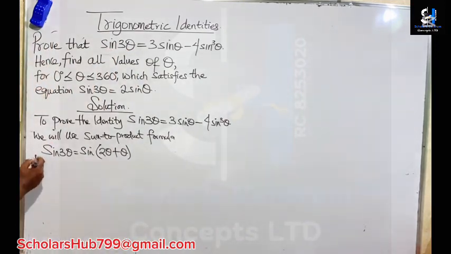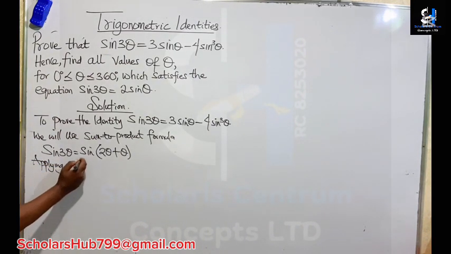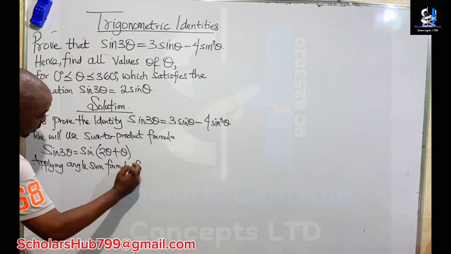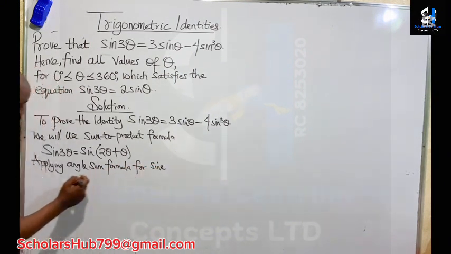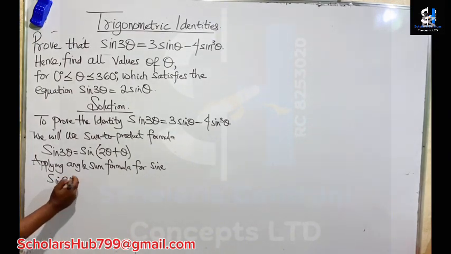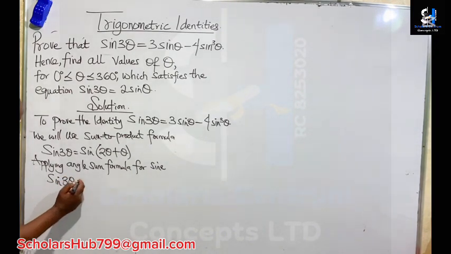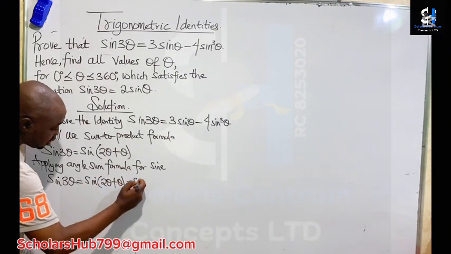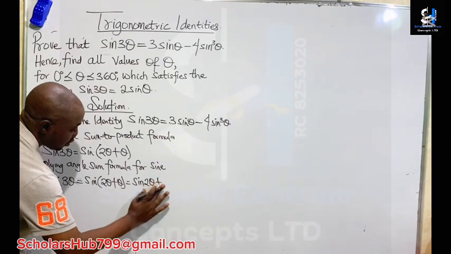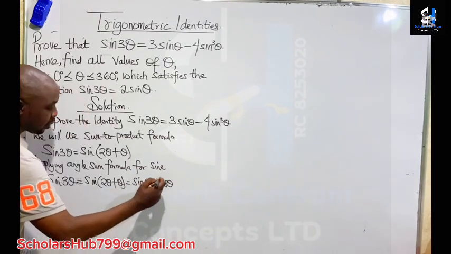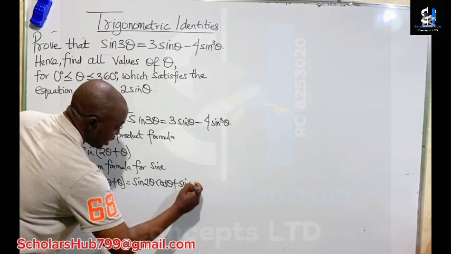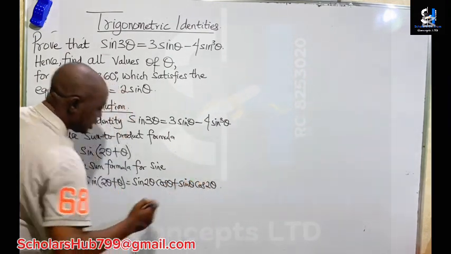So applying the angle sum formula for sine, sine 3 theta is the same thing as sine of 2 theta plus theta. That will be sine 2 theta cos theta plus sine theta cos 2 theta.